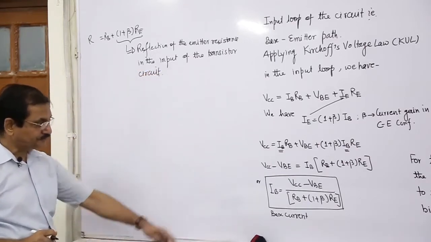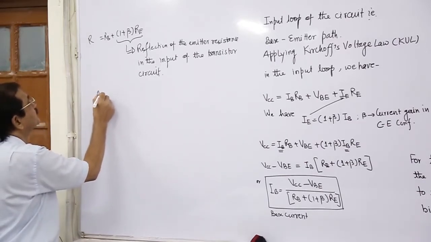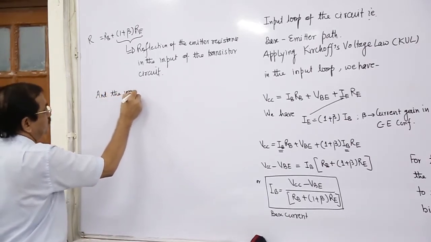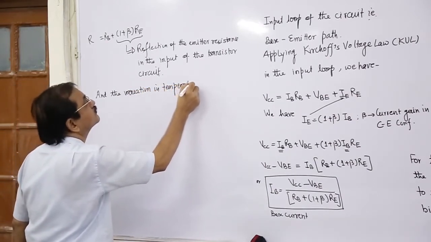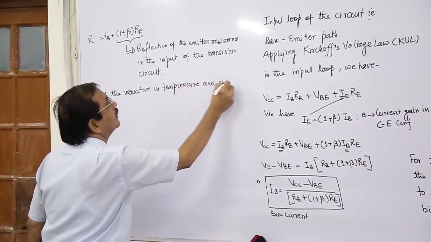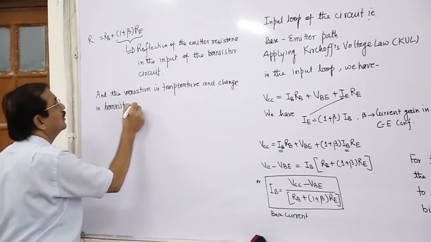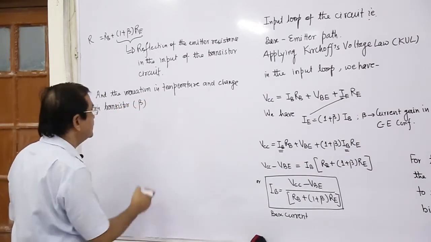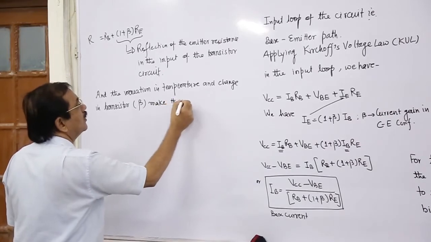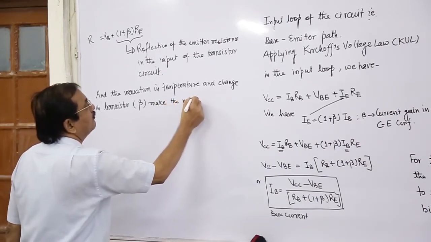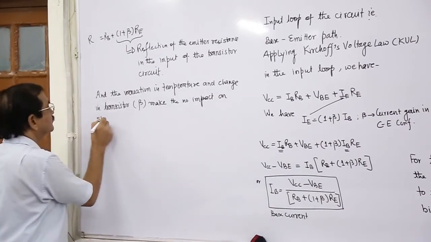In this case, the variation in temperature and the change in the transistor, that is beta, make no impact on stability.